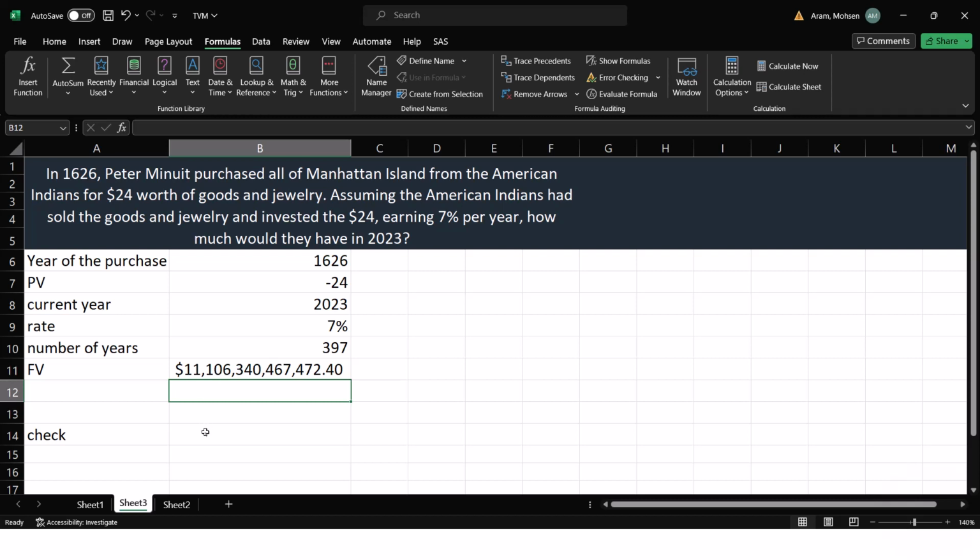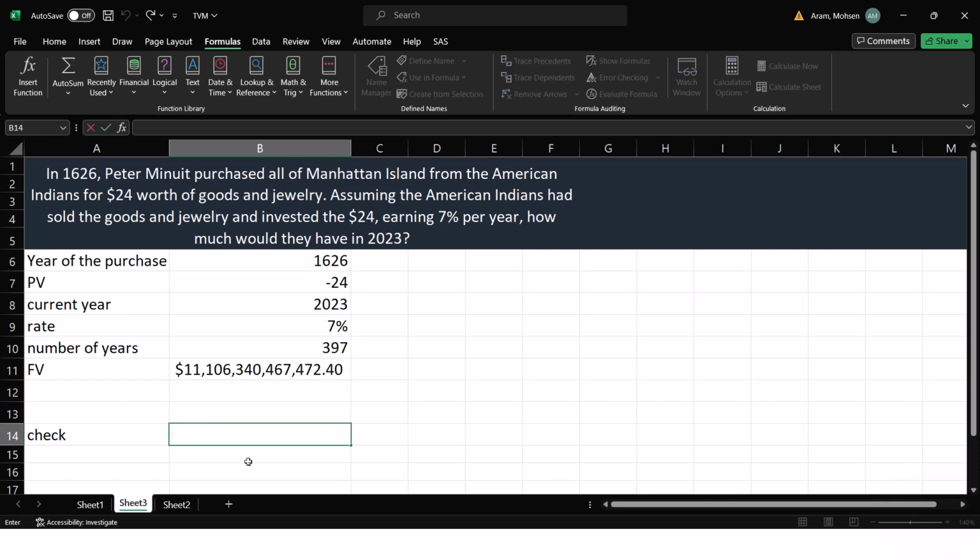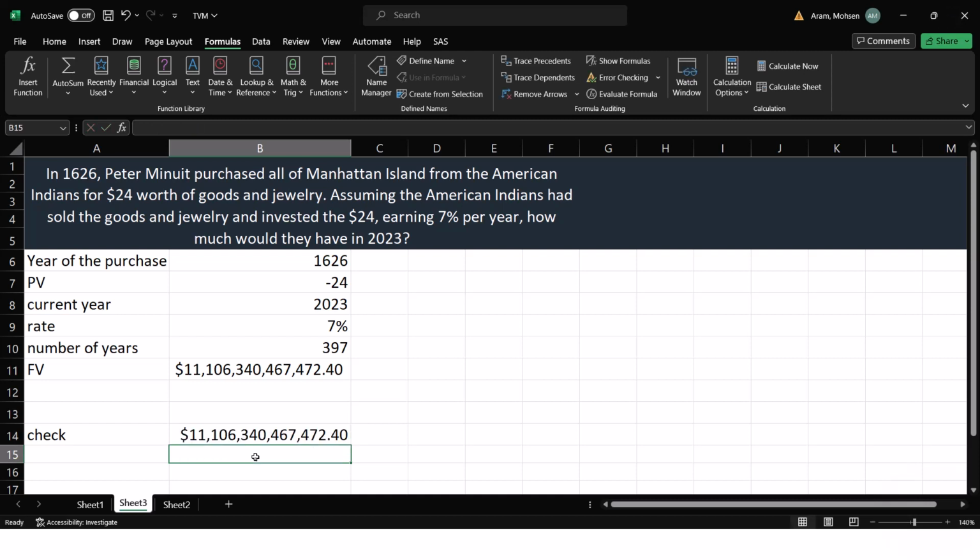And to check your answer, we can do the formula: 24, the present value of $24, times 1 plus the interest rate, 1.07, raised to the power of 397. That should give us exactly the same answer.